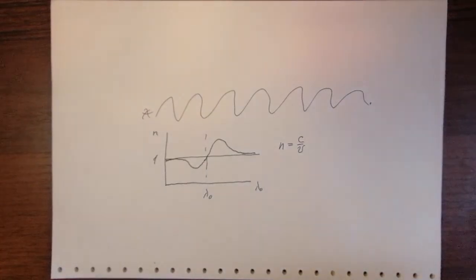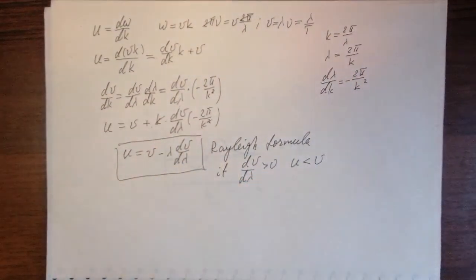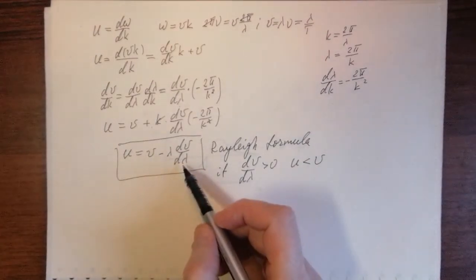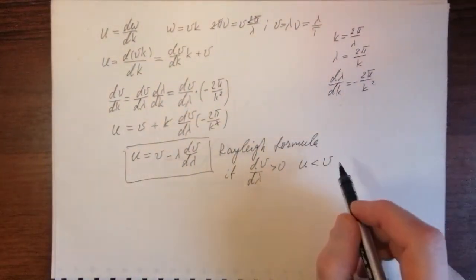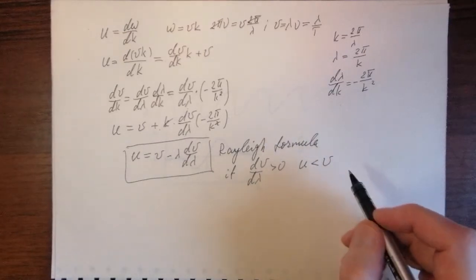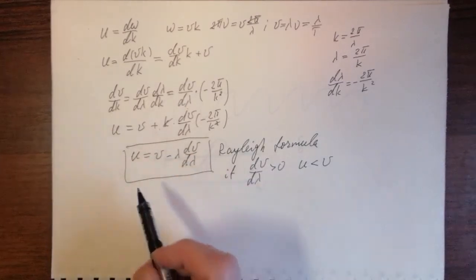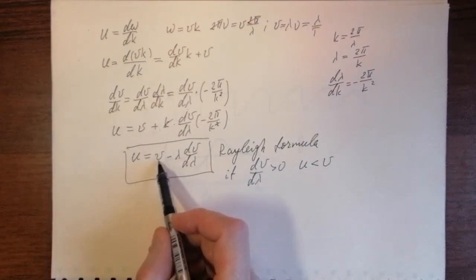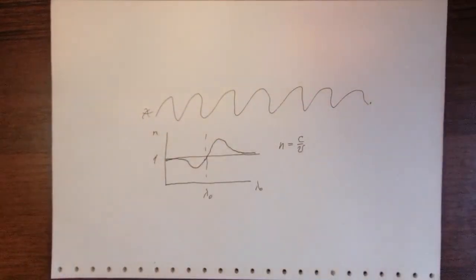For normal dispersion, dn over d lambda is negative. Then dv over d lambda will be positive, and then u will be less than v. So again, nothing will happen, which contradicts the theory of relativity.